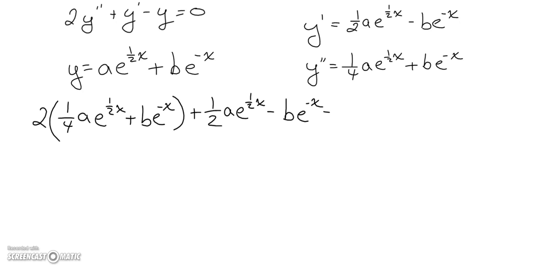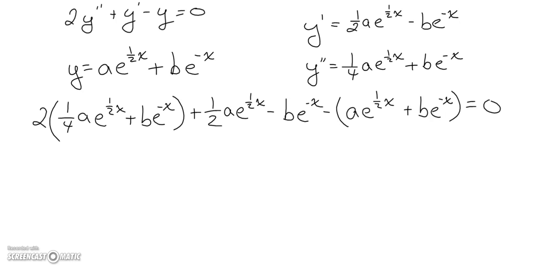And last but not least, minus parentheses, the original solution, a e to the 1/2 x plus b e to the negative x. We need to prove that all of this is going to equal 0. Why do you put the original one back in? Yeah, the original one right here.